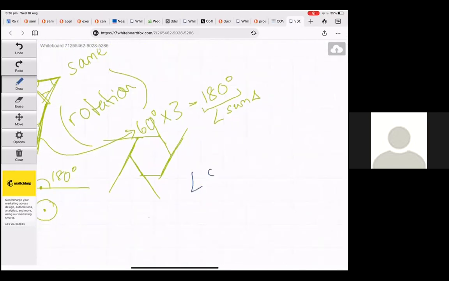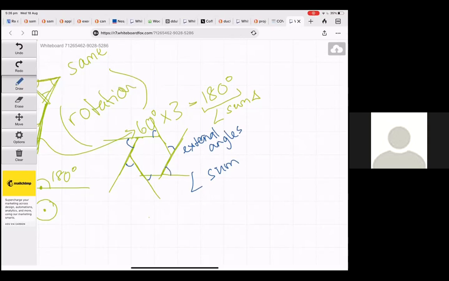The angle sum of all of these external angles, there's also this one I missed.